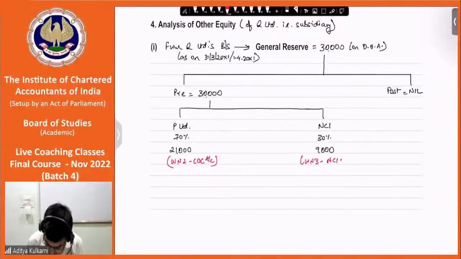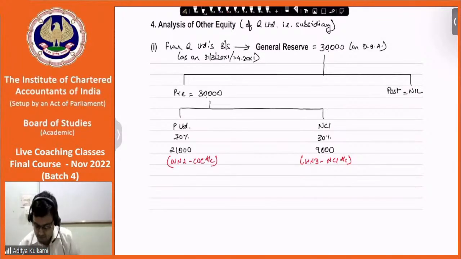Working note 3, NCI account. Just note this part down. Okay. So I think you would have written this down.